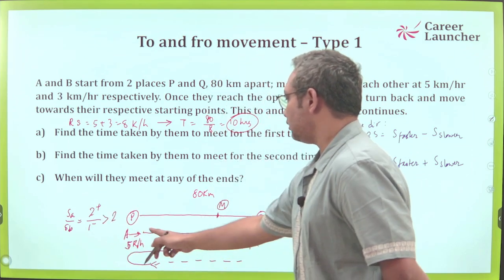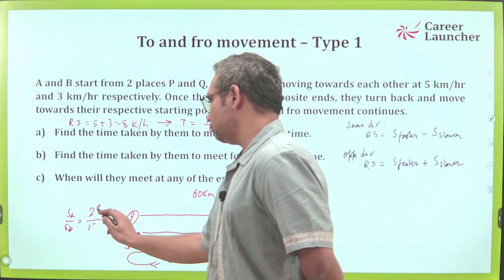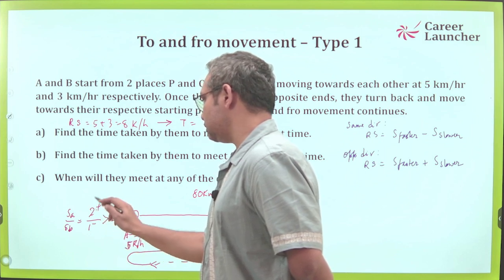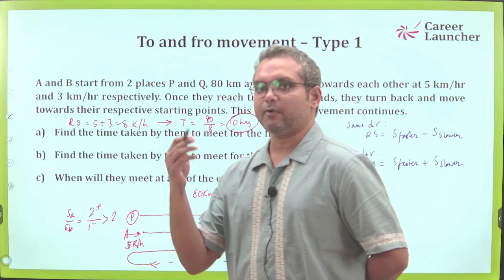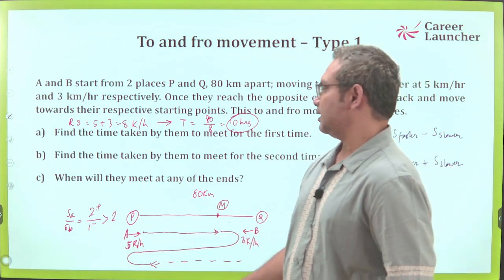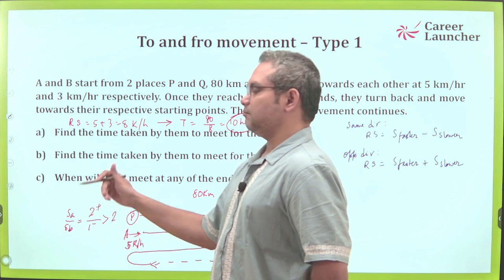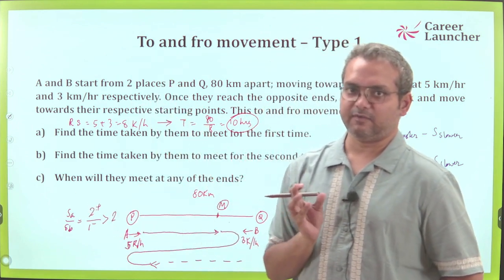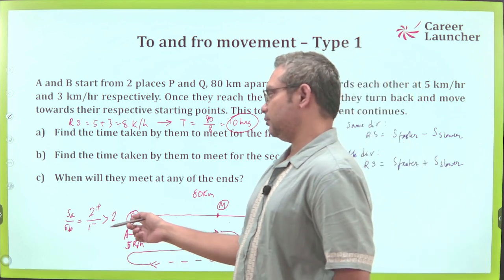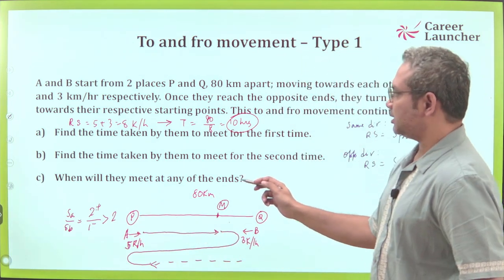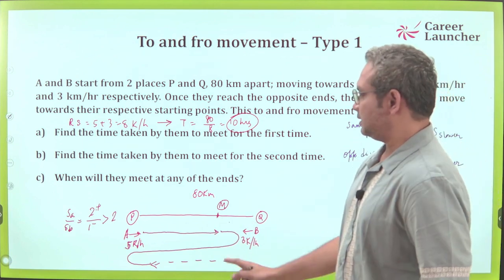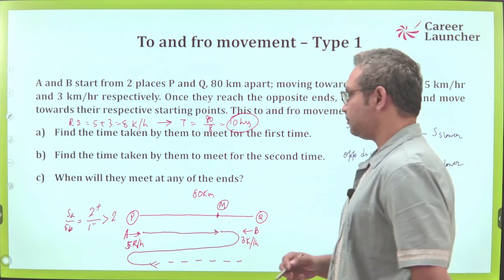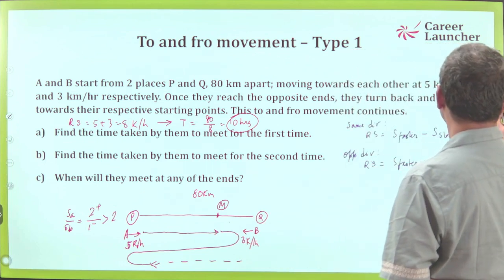You have covered more than twice the distance, and this is not even one distance, so less than 1, maybe 0.5, 0.8 like that. So you have something more than 2 divided by a fraction. Obviously the result is greater than 2, but is the speed ratio greater than 2? 5 divided by 3 is not greater than 2, so that means this is not the case. So what is the case then?